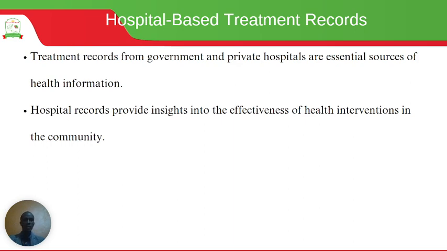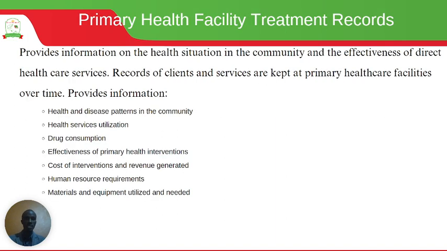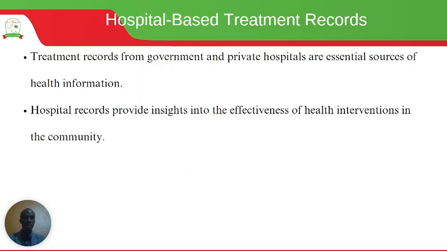Then from hospitals, or the referral points of these primary health facilities, we can get information that is also essential to make decisions. And these hospitals could be government or private. From such records, we get insights into the effectiveness of health interventions in the community.